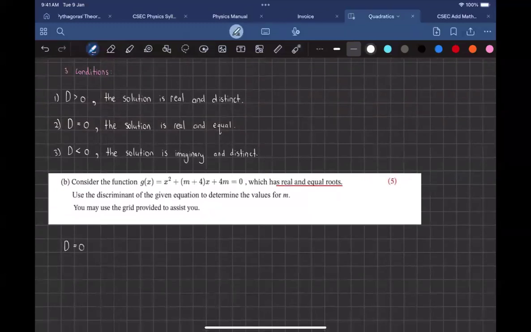What is a equal to? 1. And b is equal to m plus 4, and c is 4m. What's the formula for the discriminant? b squared minus 4ac.